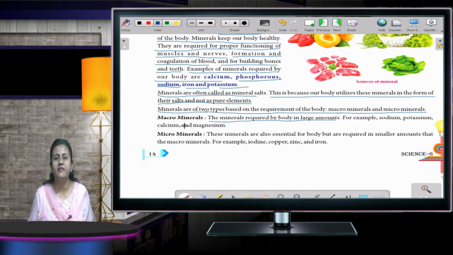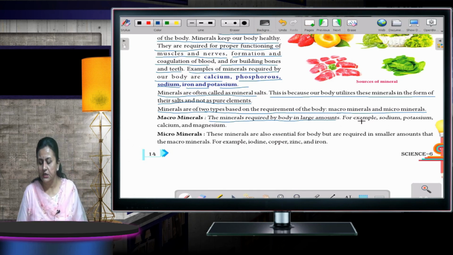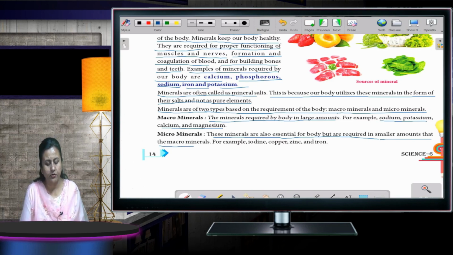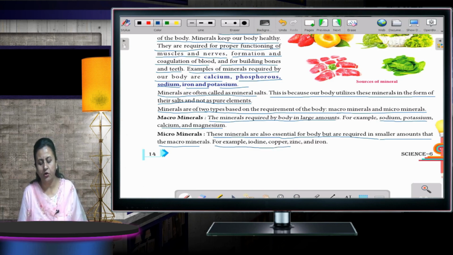Examples of macro minerals are sodium, potassium, calcium and magnesium. Micro minerals are also essential for the body but are required in smaller amounts than macro minerals, for example iodine, copper, zinc and iron.